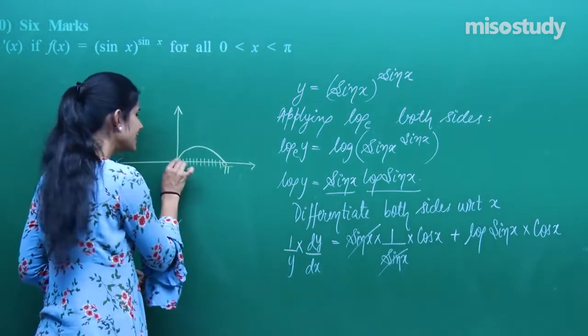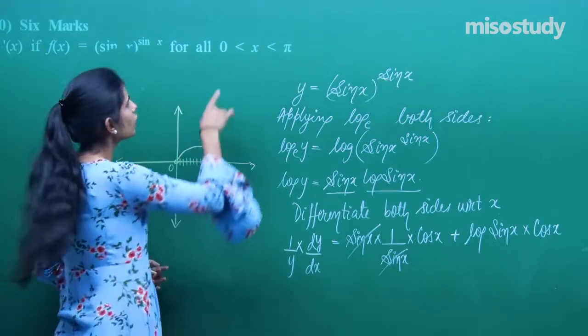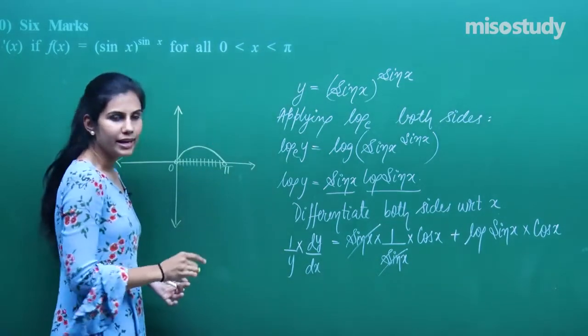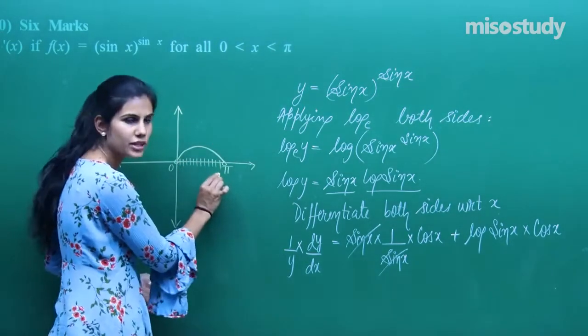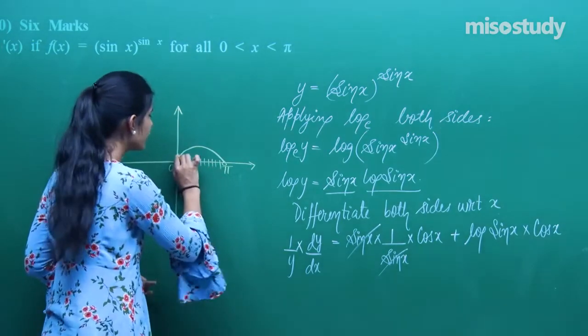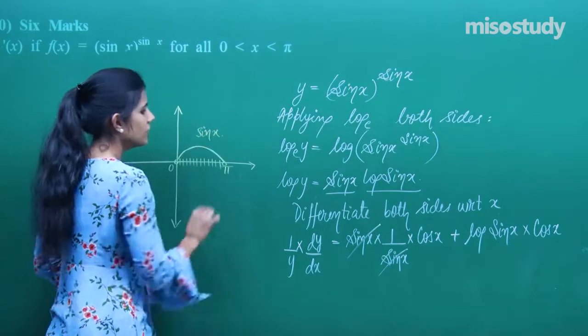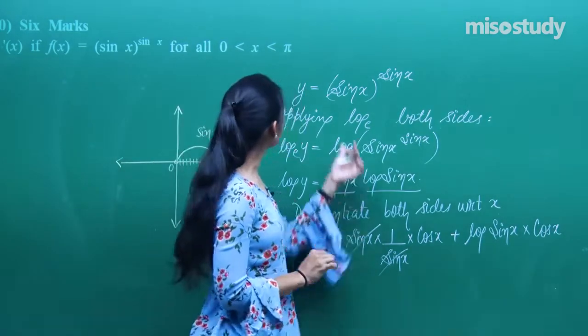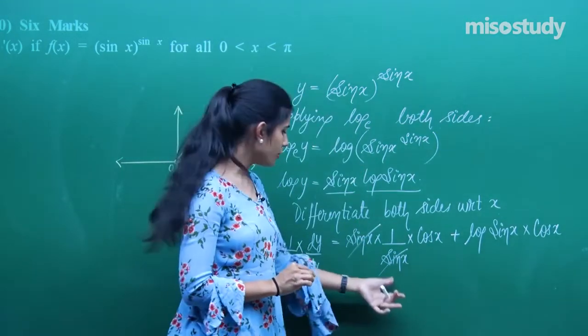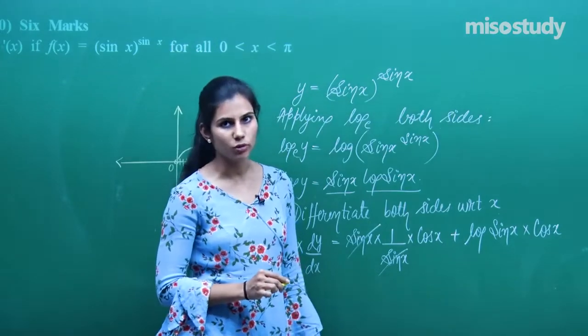It is 0 at 0 and at pi, but x is not equal to 0 and not equal to pi. So for all those angles between 0 and pi, sine is strictly positive. So I can always cancel this out. It's not a zero quantity.